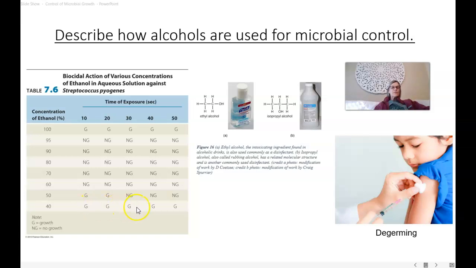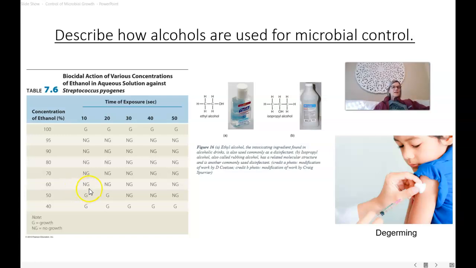And it looks like 40% alcohol, no matter how long you go, up to 50 minutes, it's still going to be able to grow. But as you increase the concentration of the alcohol, it's not able to grow. 10 minutes exposure to 60% alcohol, Strep pyogenes no longer will grow.